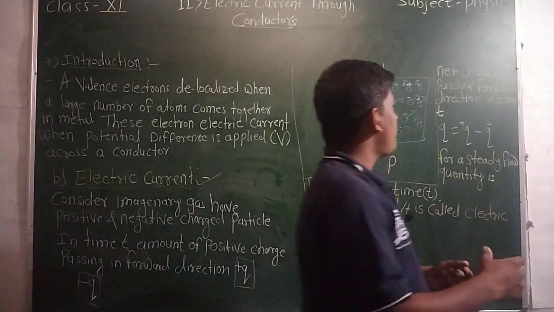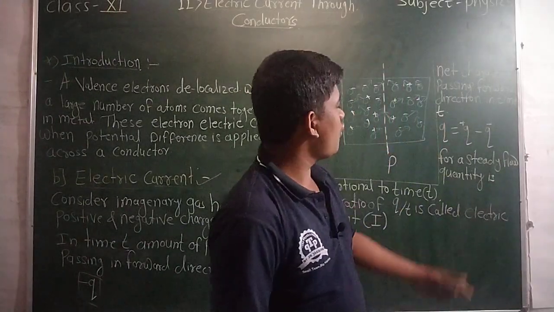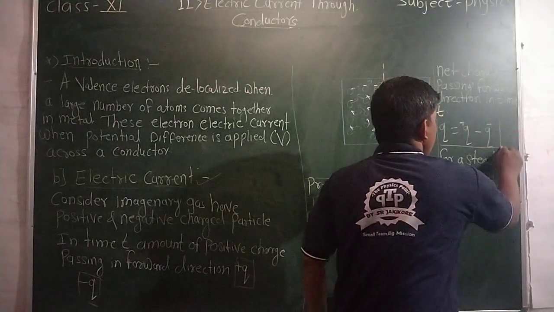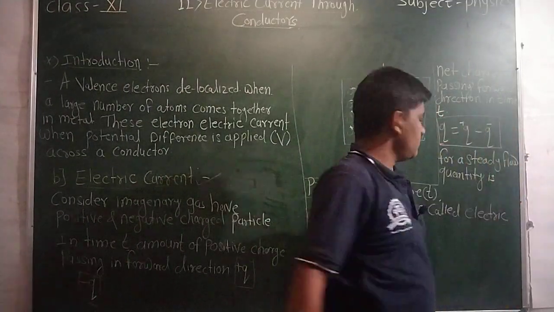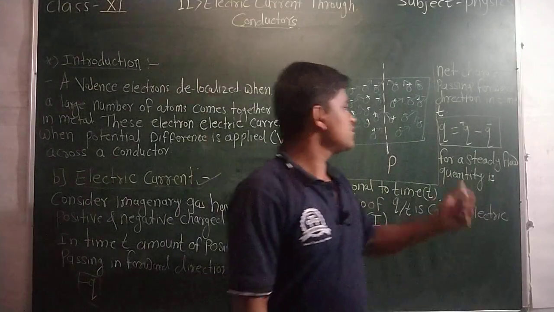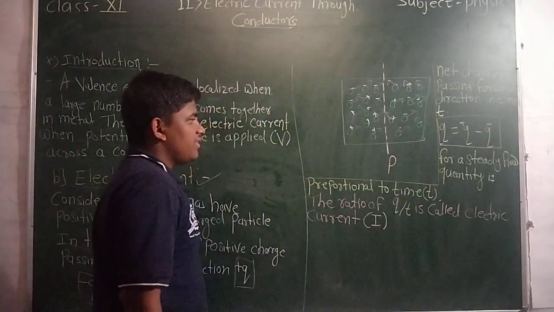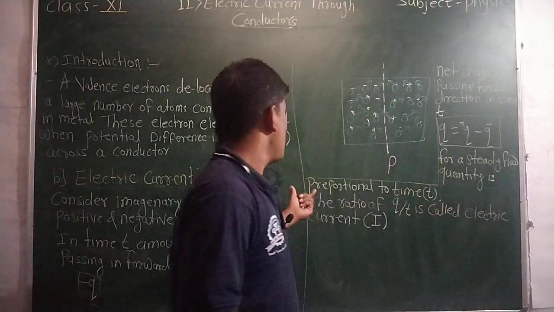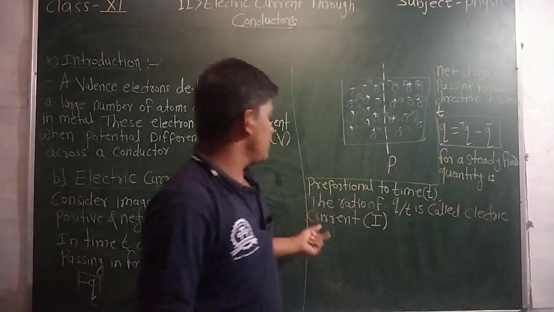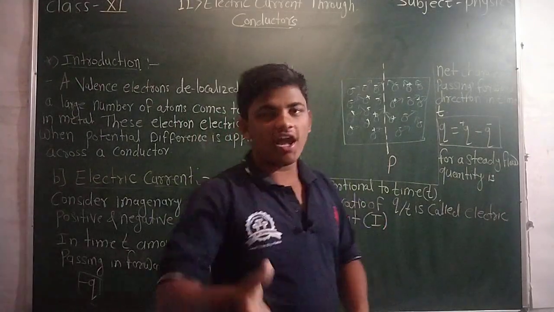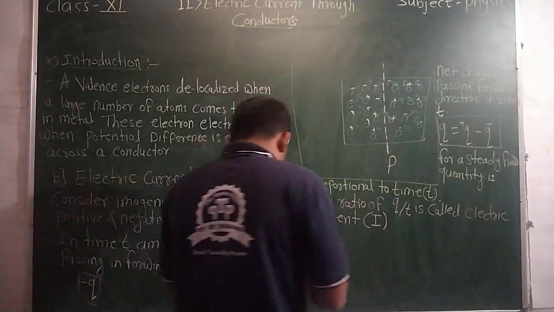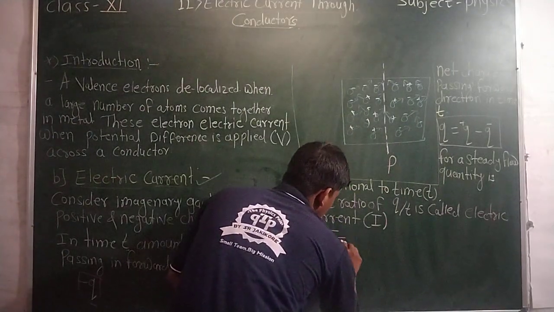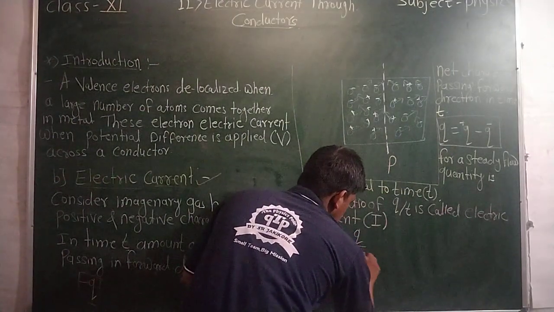And the net charge passing in the forward direction in time t is q net, equal to plus q minus q. Then for a steady flow, this quantity is proportional to time. Then the ratio of the charge with time is called electric current, that is I is equal to q divided by t.